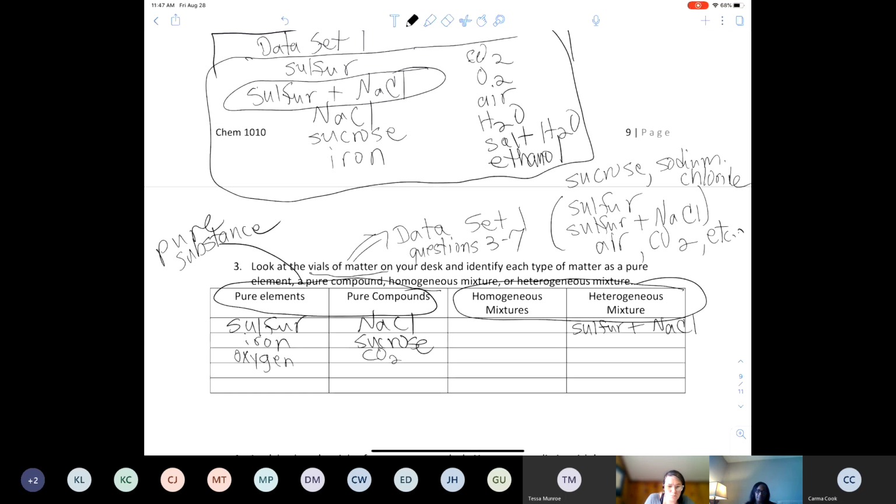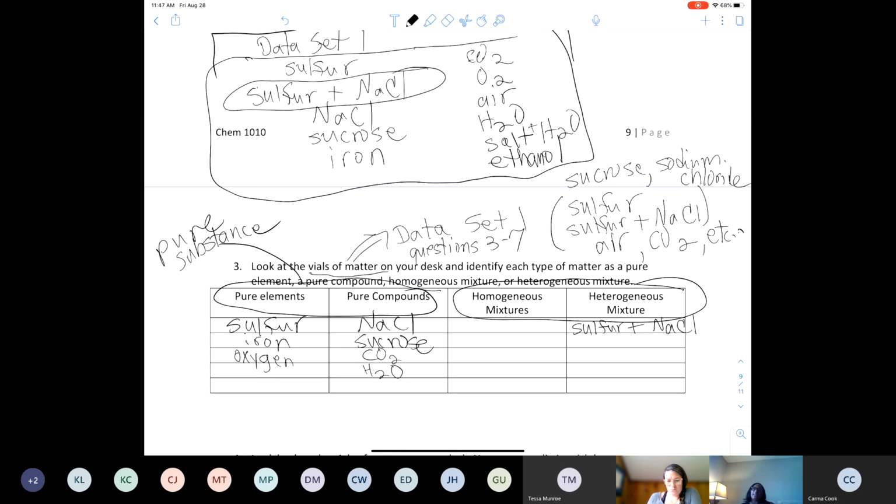Water, pure compound. Salt water, heterogeneous mixture. So the salt plus water, the salt water. Was it uniform throughout?